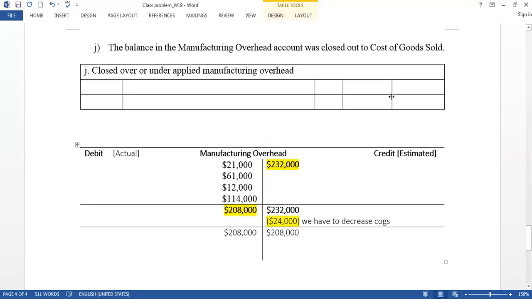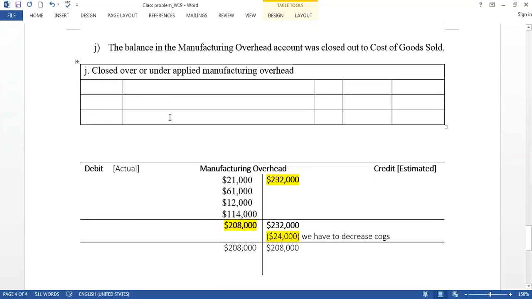Now in the adjusting entry, we should record cost of goods sold credit. How much do we have to deduct? $24,000 we have to deduct.